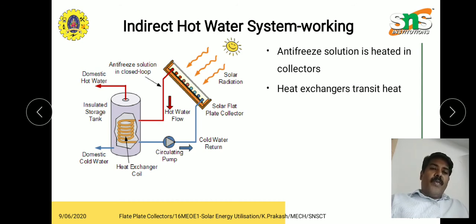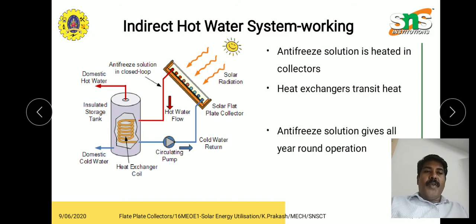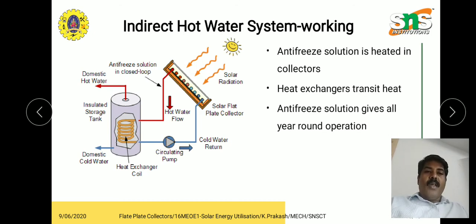When we use water as the fluid inside these tubes, there is a chance of the fluid freezing. To avoid this, we are using an antifreeze solution to give year-round operation. So whether it is summer or winter, no issues, we can operate the system throughout the year.